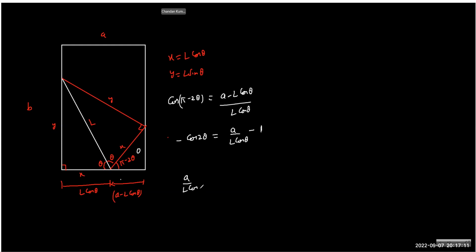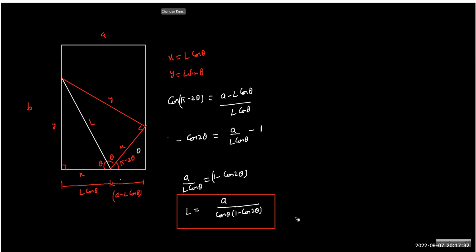So A by L cos θ turns out to be 1 minus cos 2θ. So L becomes A by cos θ into 1 minus cos 2θ. Yeah, that is the way we can express L in terms of θ.